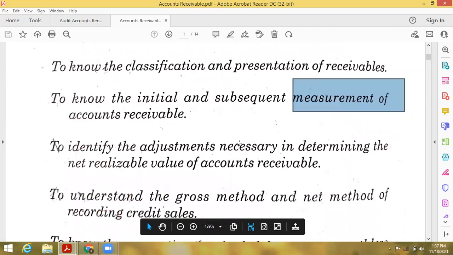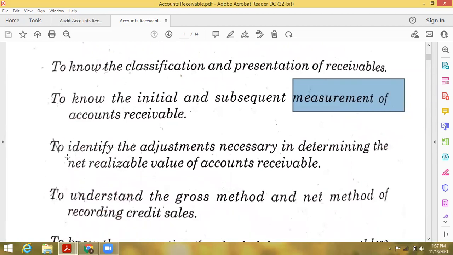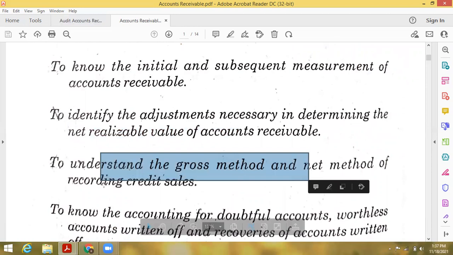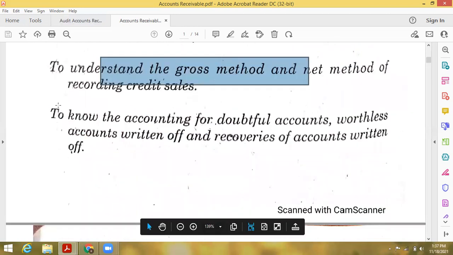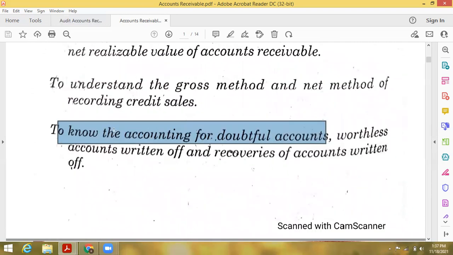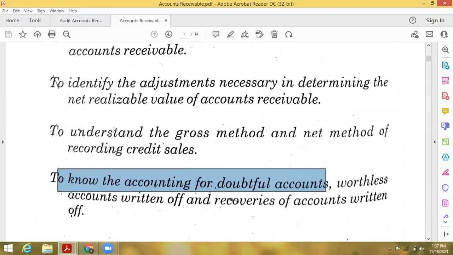Identify the adjustments necessary in determining the net realizable value. Understanding the gross and net method of recording credit sales. And to know accounting for doubtful account or worthless account, written off and recovery of some accounts written off. So yan yung mga lessons we are going to talk about in this video.